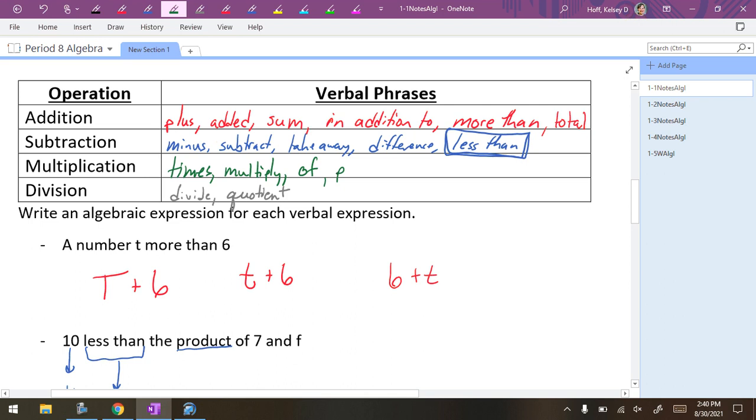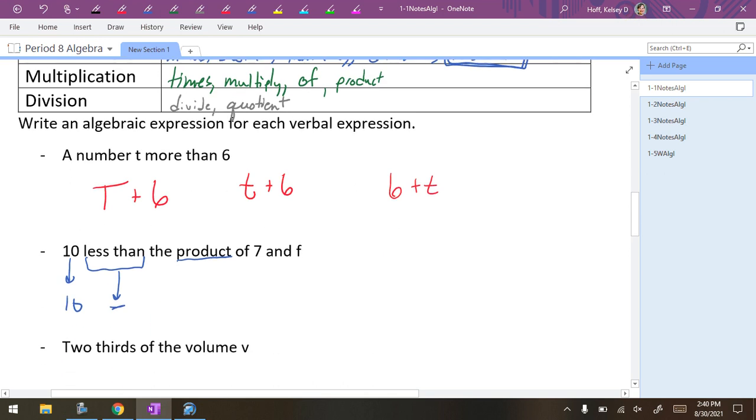Multiply. Maybe we should add that. So we're multiplying what? 7 and f. How do you show that those two are multiplied together? Right next to each other, or you can use a dot. Honestly, I would just put them next to each other. Do not use an X for multiplication anymore. So it looks like so.